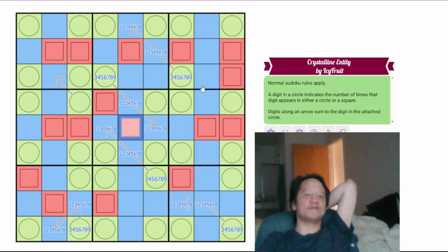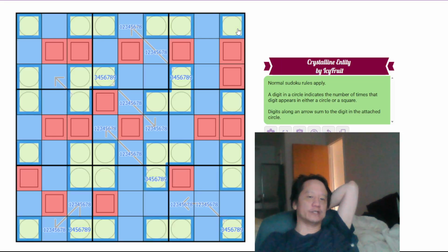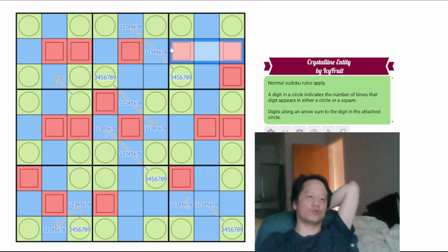Right. So if 9 does not appear in a circle, it has to be just in squares. And it would only be 6 at most, because there's only 6 rows worth of squares.